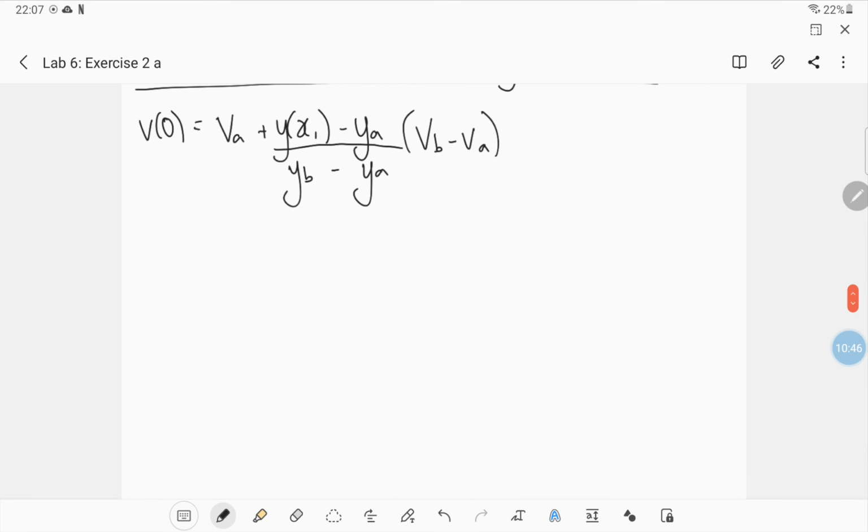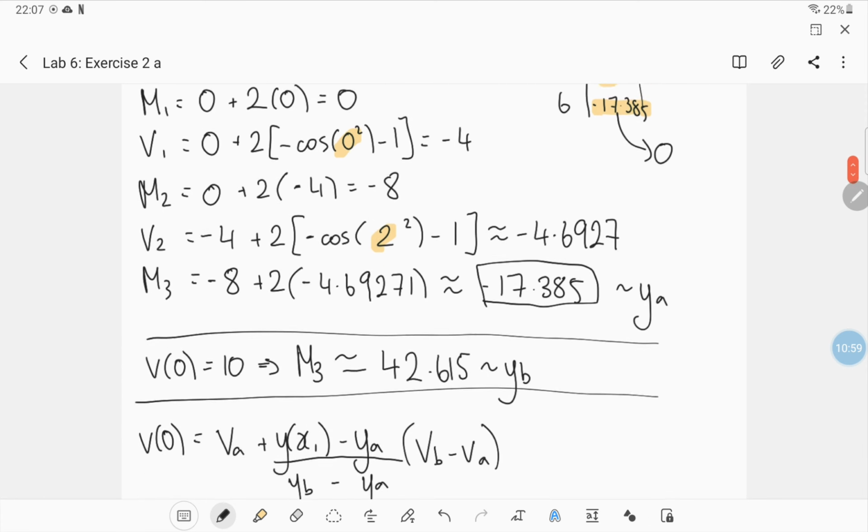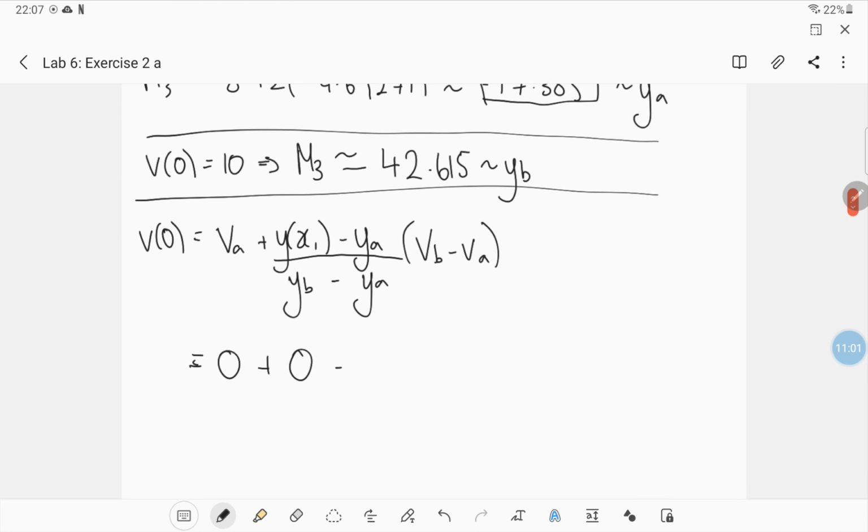So let's see, what are we talking about here? VA was our first slope, which was 0. Y of x1 is what we're supposed to hit, which is 0, minus YA, our first shot, which turned out to be minus 17.385.